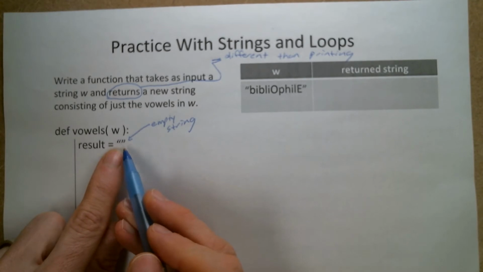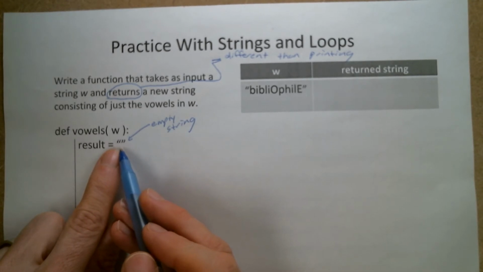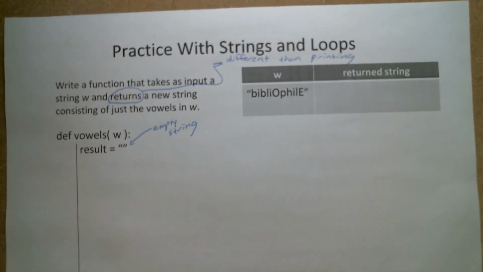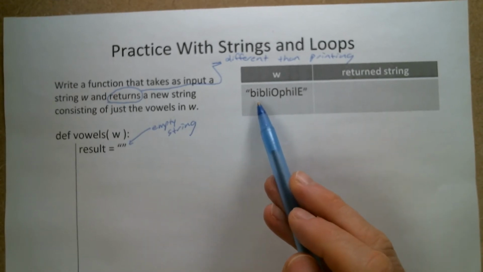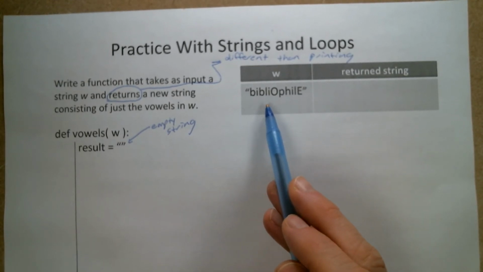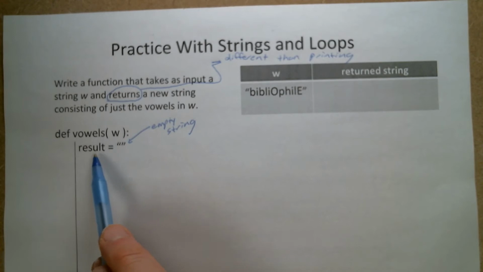And then our goal is going to be to slowly add the vowels to this variable until we eventually arrive at our solution. So how are we going to do this? Pretty much what we've been doing. We're going to go through this letter by letter. We're going to look for vowels, and when we find them, we're going to add them to this one variable.